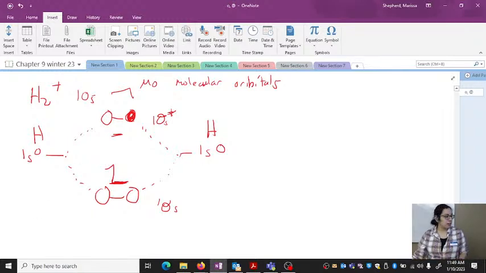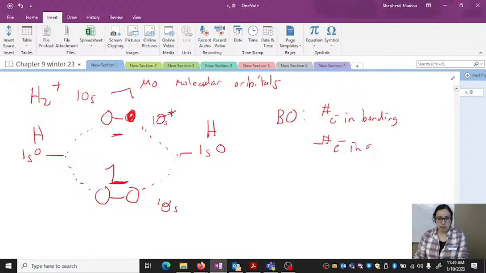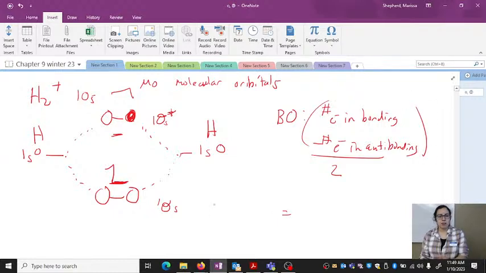Now we can calculate our bond order. Our bond order is the number of electrons in bonding orbitals minus the number of electrons in anti-bonding, since again that's not favorable, divided by 2. It should all be in parentheses. So what's our bond order for H2 plus?